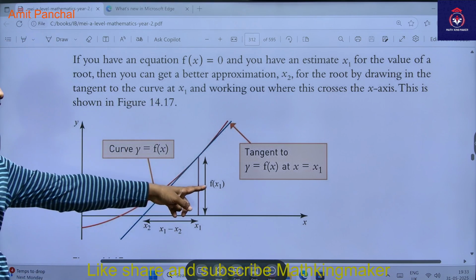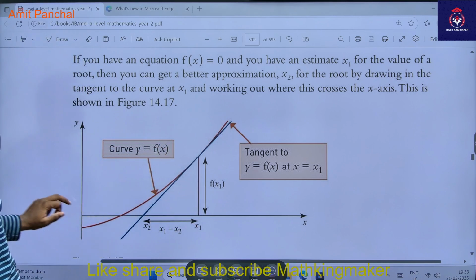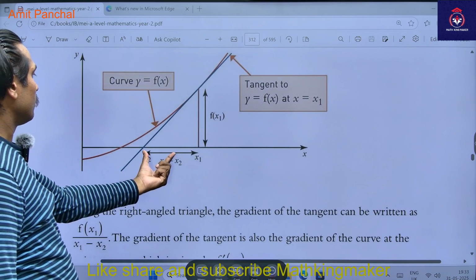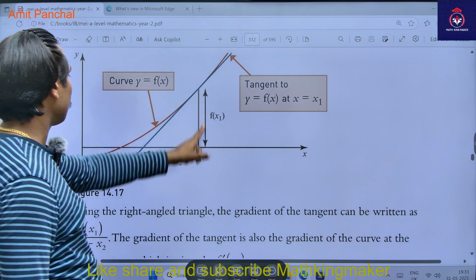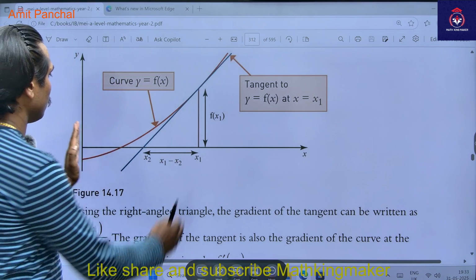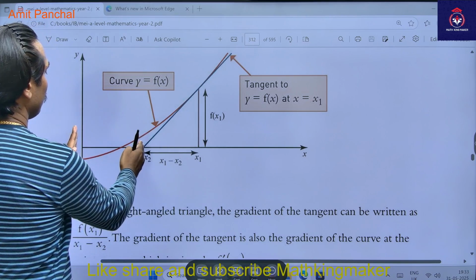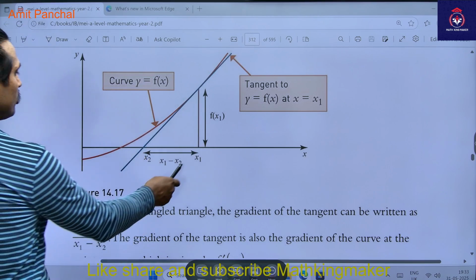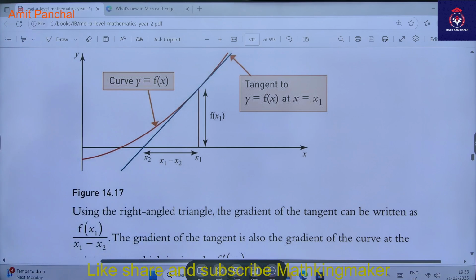So this x1 is given to you. At this x1 you are drawing a tangent. If this entire length is x1, and up to here it is x2, then this part is x1 minus x2.